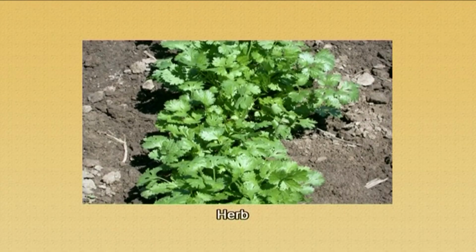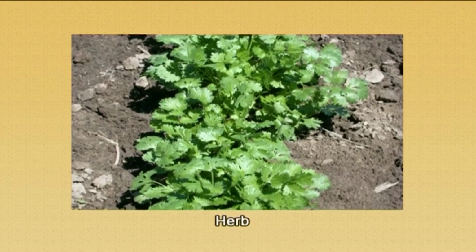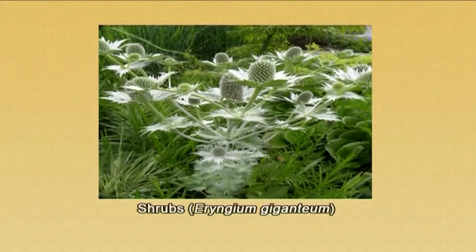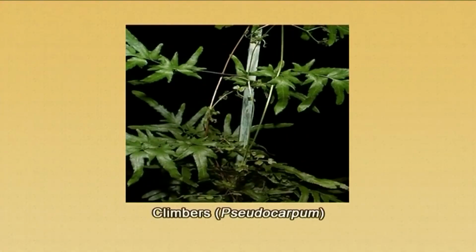The members of the family Apiaceae are either annual, biennial or perennial herbs, but mostly these are aromatic. The members can sometimes, but very rarely, be shrubs. Example is Eryngium giganteum. Or we also see some of the members having a climbing habit.